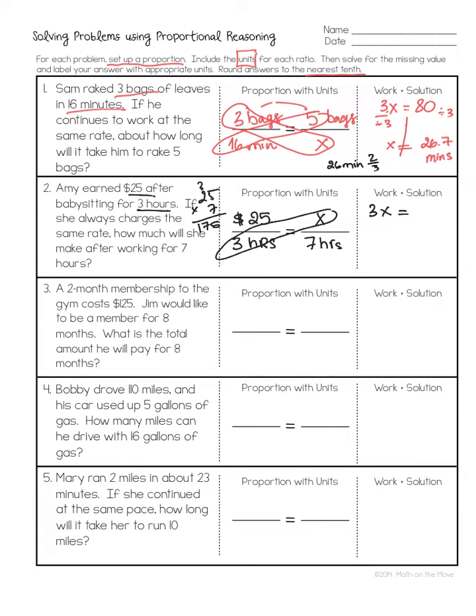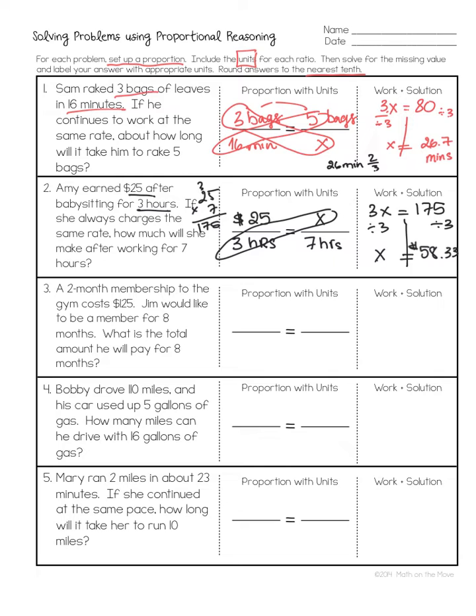And then I divide by 3 on both sides. So my x will be 58.33.